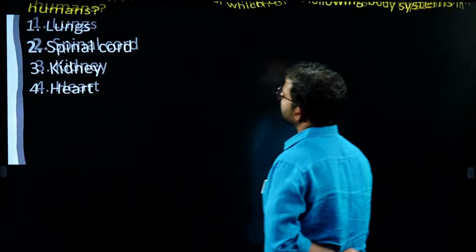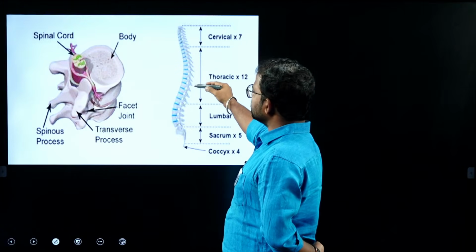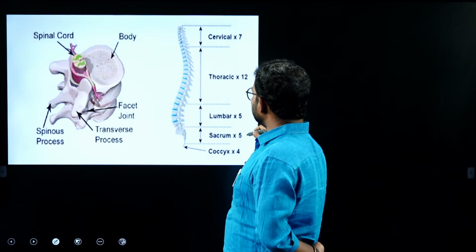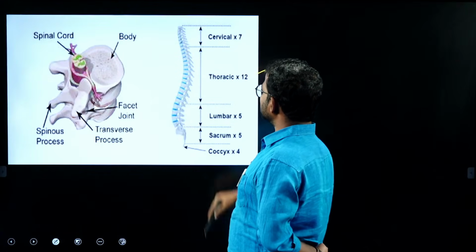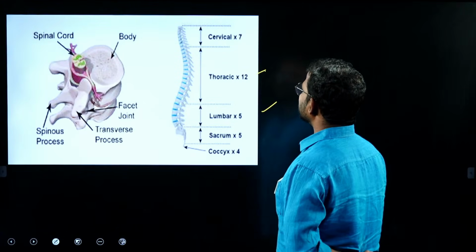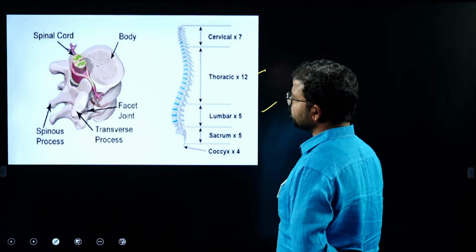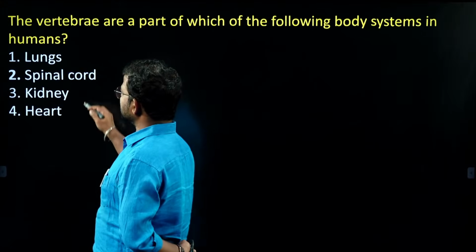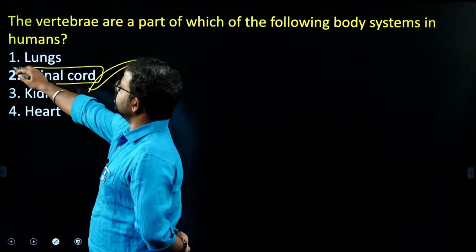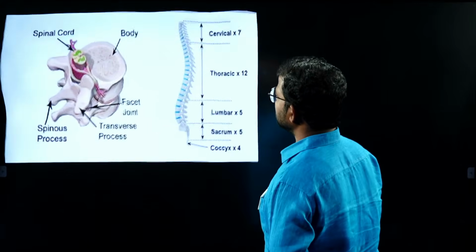So lumbar, L1, L2, L3, L4, L5, then thoracic, then cervical. Different types of terminology we mostly use here. The correct option is option 2 only, spinal cord.